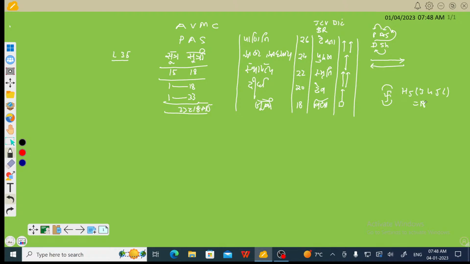Ahead we have to be at 20, and 20 is equal to D7.